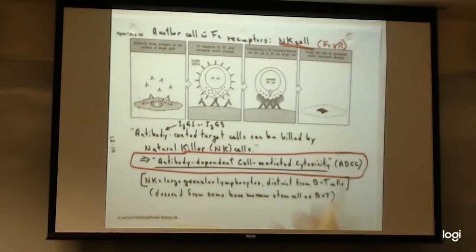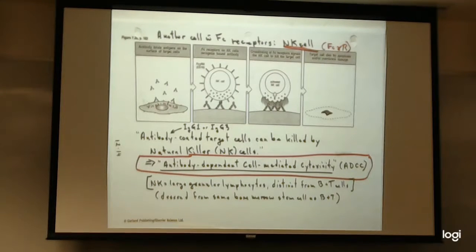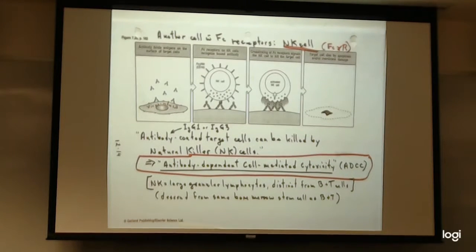Yes, there's one more very important and famous function for Fc receptors. We'll talk more in time about a cell called a natural killer cell. Natural killer cells come from the same lineage as the B cells and the T cells, but their main function is to fight virus infections early on, in the time that it takes for the adaptive immune system to come into play to fight the virus.